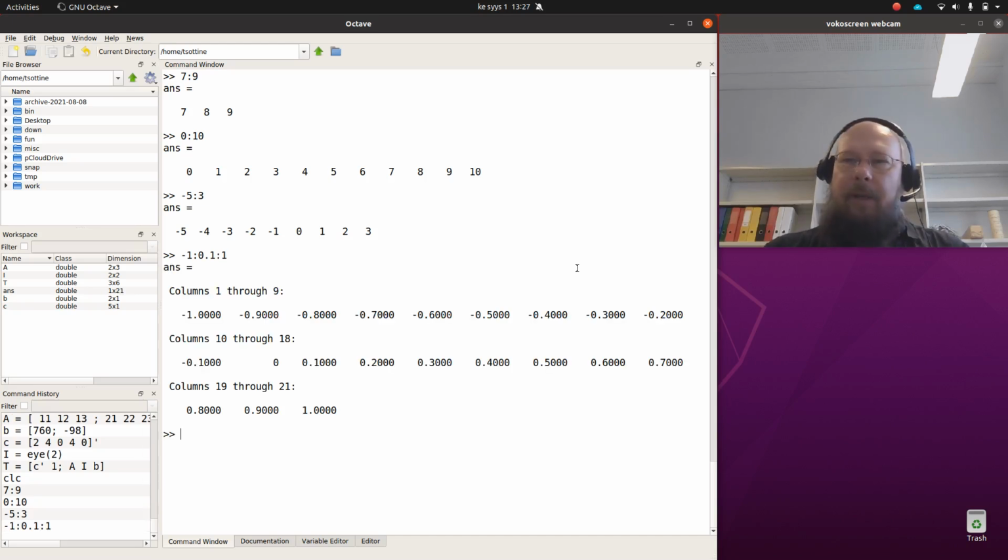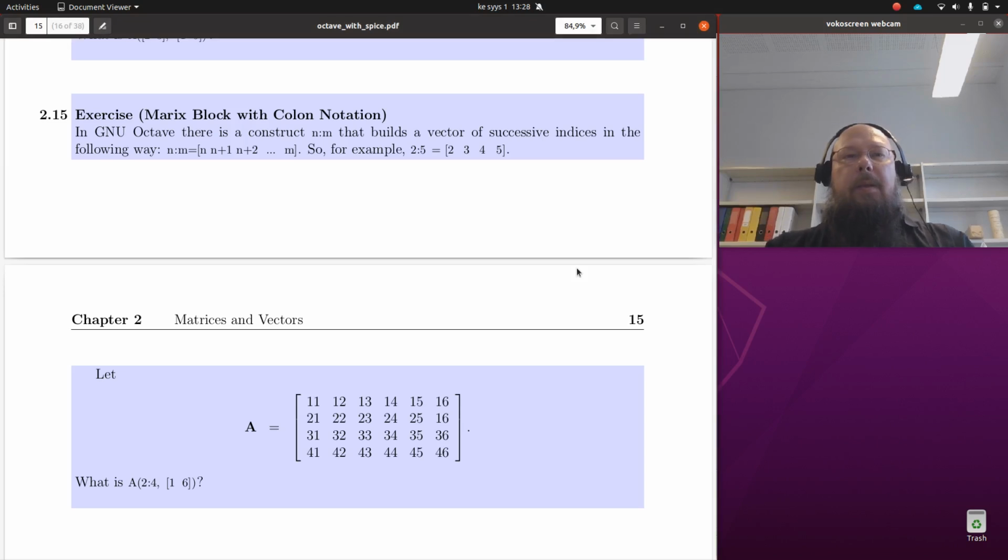We don't have need for this, but it's just there for your fun. Usually we just use it like this: from some number, say 2, to some number, 5, comes the following indices. If you have done any programming, you will know about for loops, and you will recognize that this is a natural thing to have.